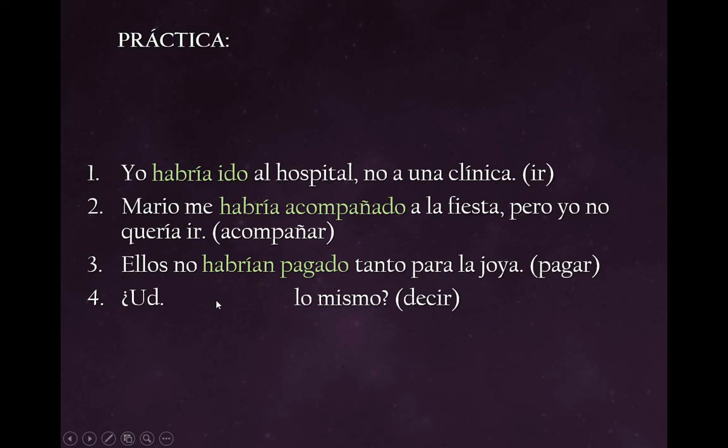So it would be habría, and then the past participle of the verb decir. This is an irregular past participle, so we don't drop off IR and put on IDO. This has a very particular form, which is dicho. So we would say, ¿usted habría dicho lo mismo? Would you have said the same thing?